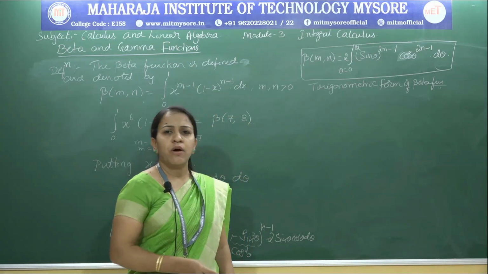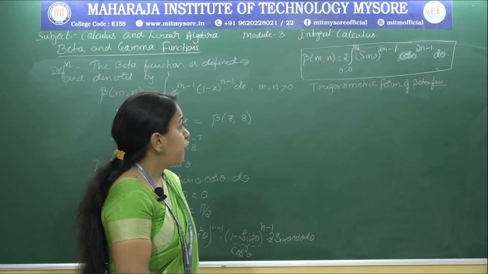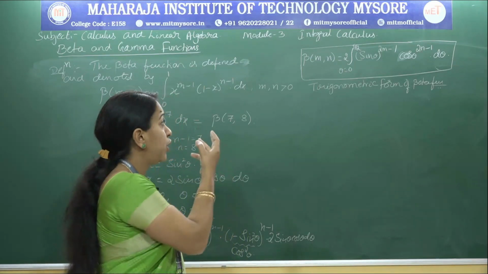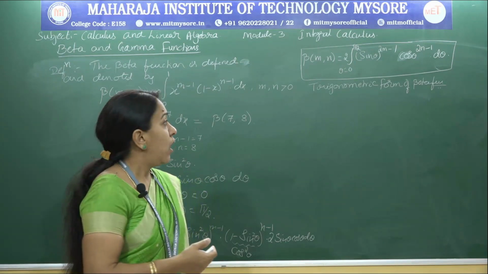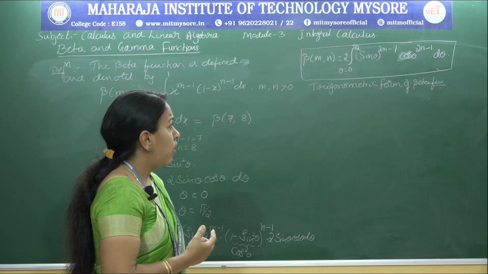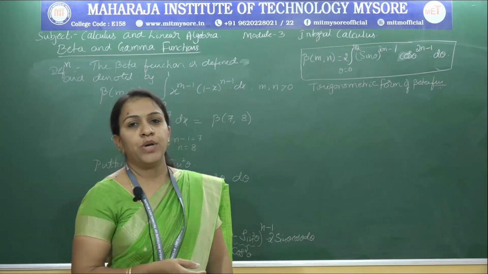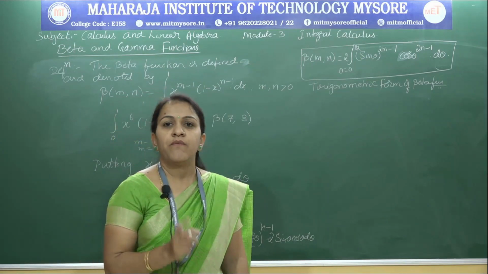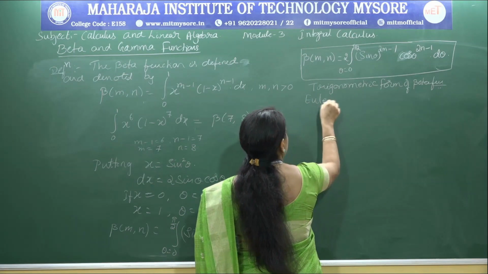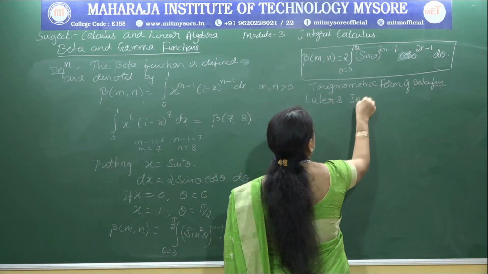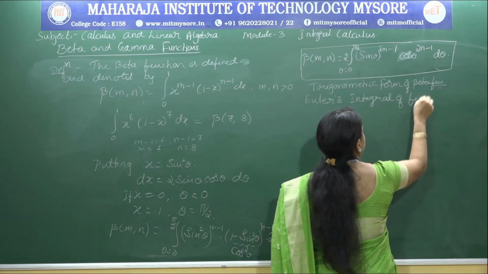And of course, to solve the problems which are in trigonometric form, I can reduce that standard formula into another form. The trigonometric function form is also known as Euler's integral of the first kind.